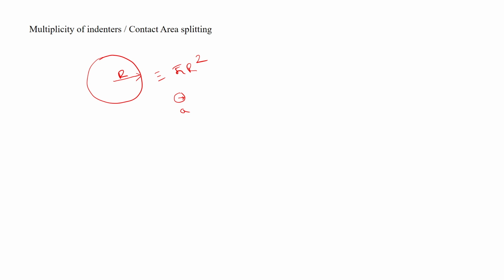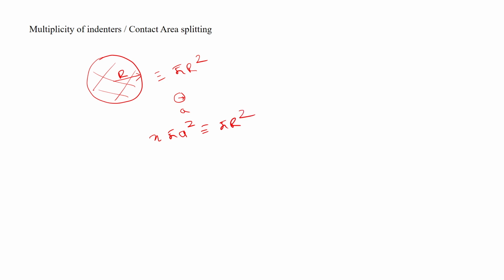Let us say we have one indenter like that, and several indenters of contact radius a. In a sense, I am splitting the total contact area into smaller indenters. So we have n pi a square equal to pi R square.